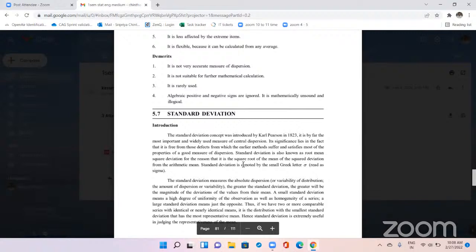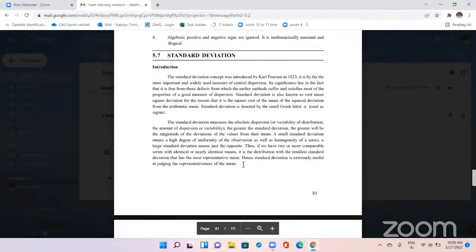It is by far the most important and widely used measure of dispersion. Its significance lies in the fact that it is free from those defects from which the earlier methods suffer, and satisfies most of the properties of a good measure of dispersion. So standard deviation is known as a good measure of dispersion.